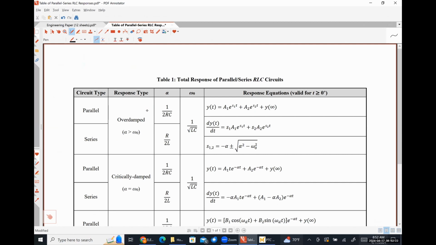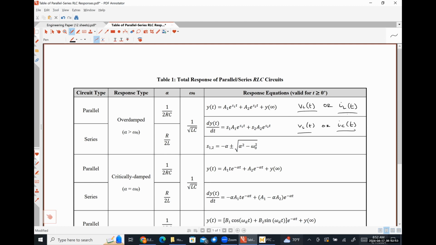So y of t will always either be a capacitor voltage or an inductor current. dy by dt will always be related to an inductor voltage or a capacitor current, because VC is related to IC by a derivative-based relationship.